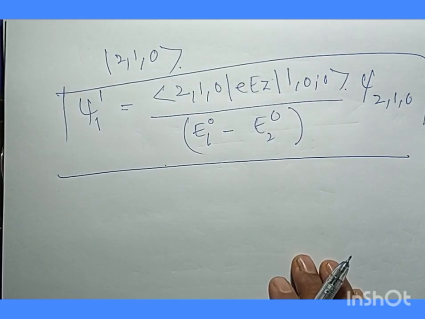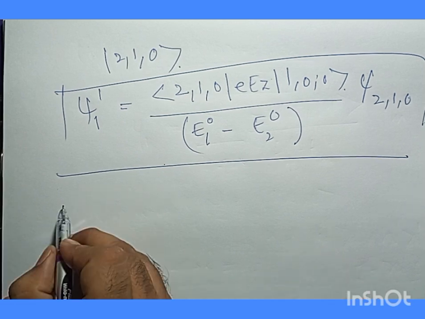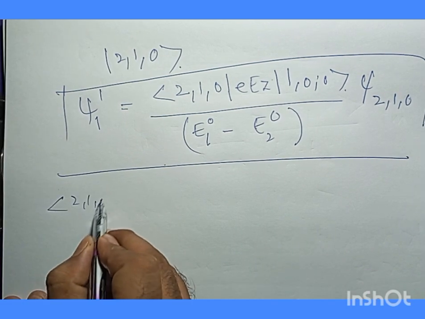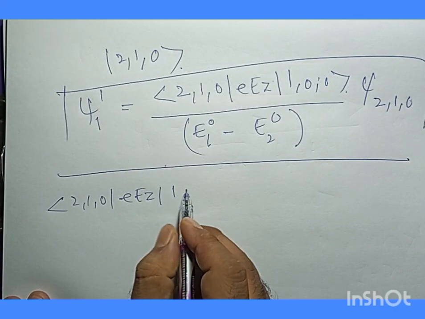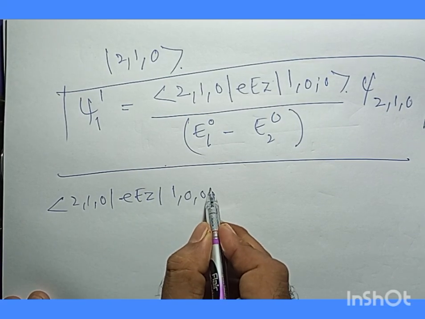Now let us try to compute this matrix element, which is 2 1 0, E Z, 1 0 0.